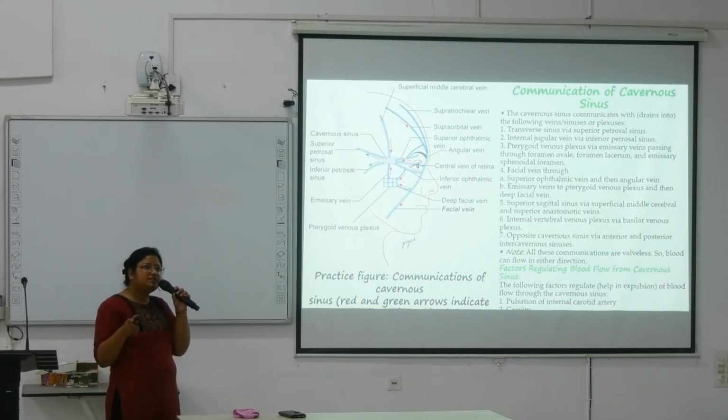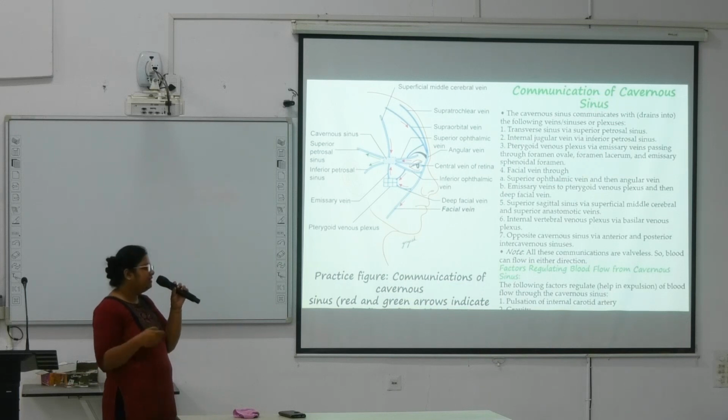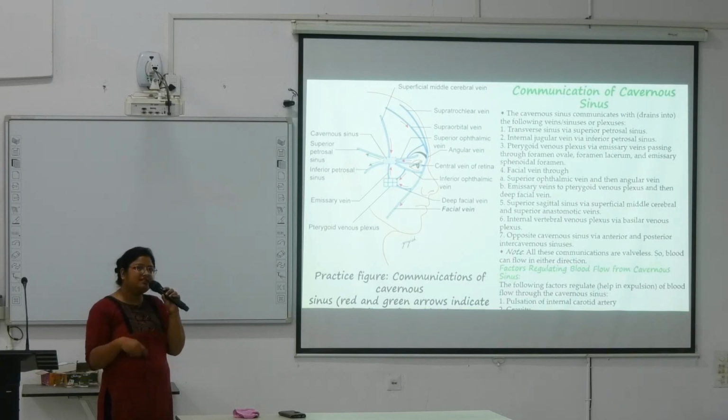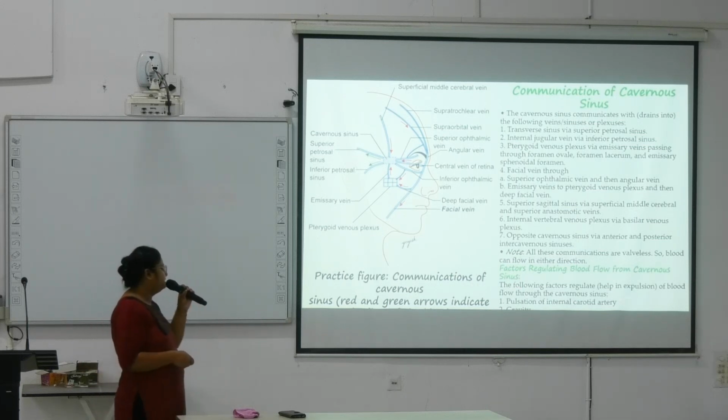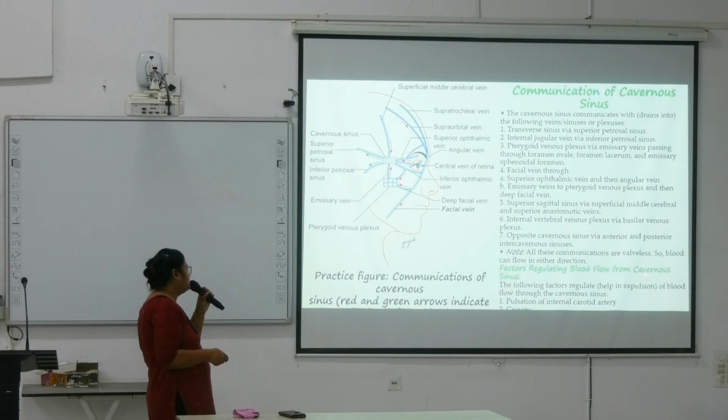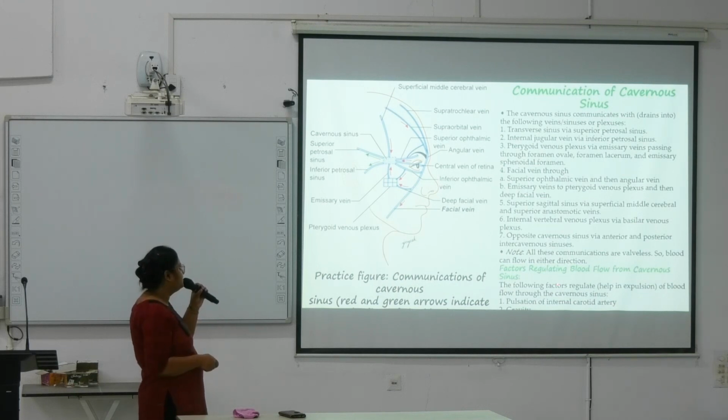In case of emboli in these sinuses, the emboli can pass into the cavernous sinus and lead to infection in the cavernous sinus, and there can be meningitis. The following factors regulate or help the flow of blood in the cavernous sinus: pulsation of the internal carotid artery and gravity.